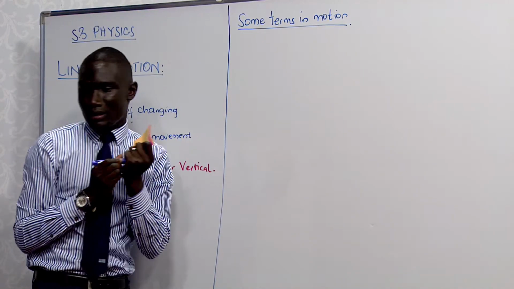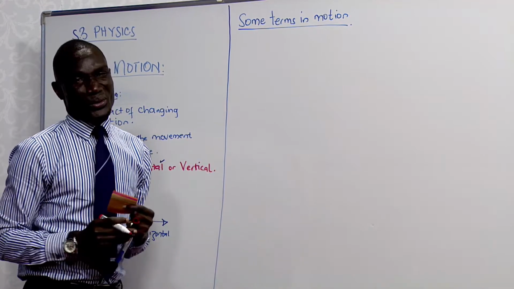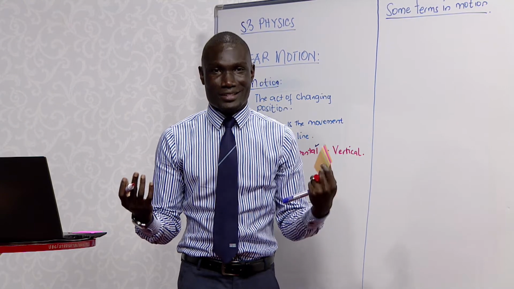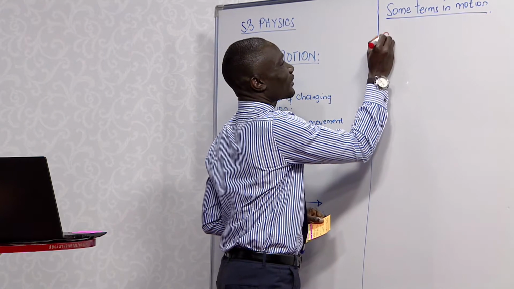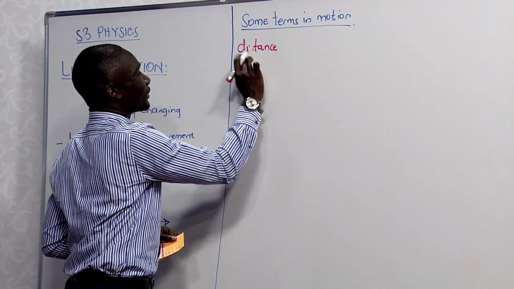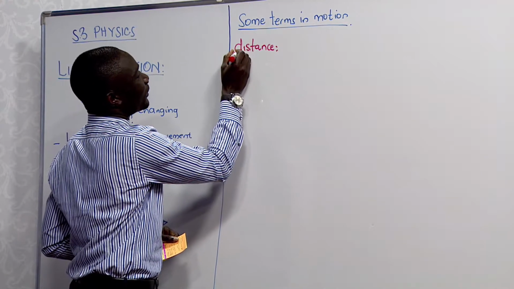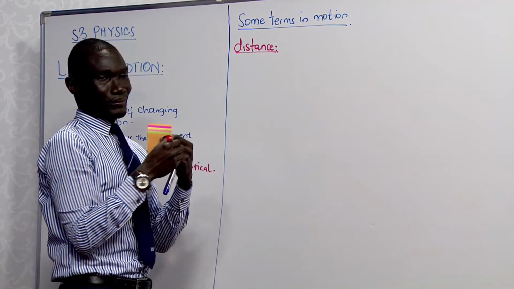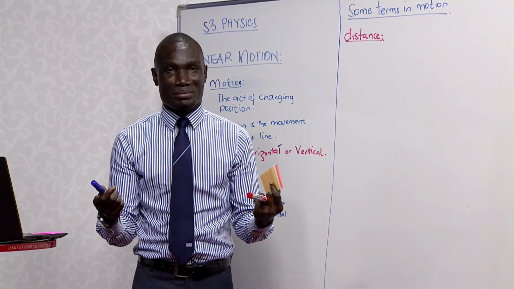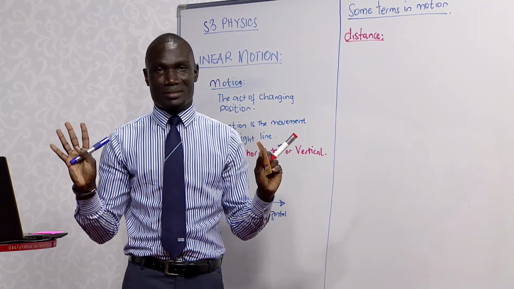Some terms in motion. The very first term we are going to begin with is the obvious one, the one that you know, okay? Distance. Distance, this is S. Distance as a term. I'm going to ask you about this because at least I'm very sure this term you have used it quite a number of times, okay?